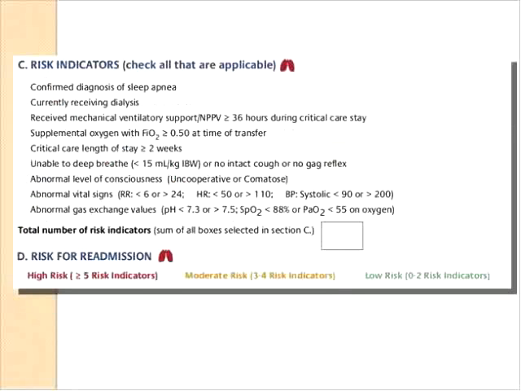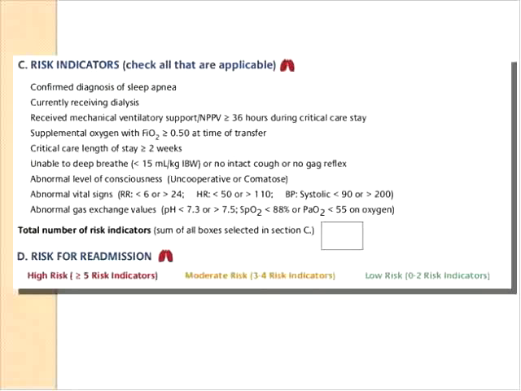If the patient carries a diagnosis of sleep apnea, currently receiving dialysis, received mechanical ventilation in the unit for more than 3 days, I guess that's a day and a half, sorry, 36 hours, supplemental oxygen greater than 50% at the time of transfer, a critical care length of stay greater than 2 weeks, unable to deep breathe, not making that 15 mils per kilo ideal body weight, or no cough or gag, you get a check for either of those two things.